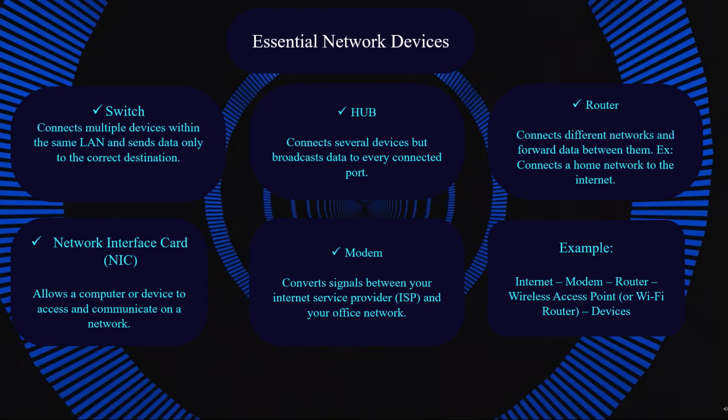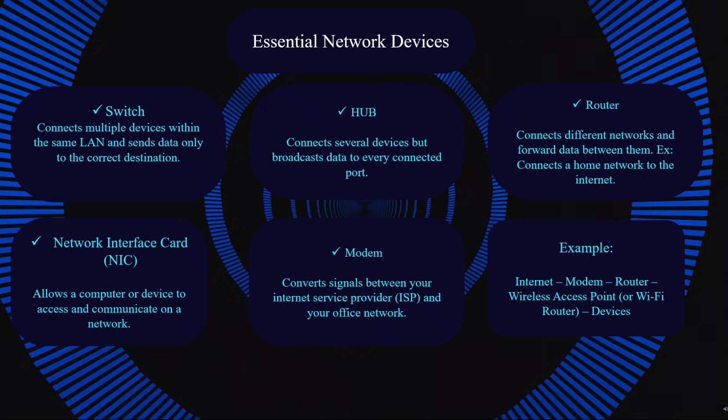So let's look more closely at the specific devices that make up network hardware. First we have the switch, which connects multiple devices within the same LAN and, importantly, sends data only to its correct destination rather than to every device.